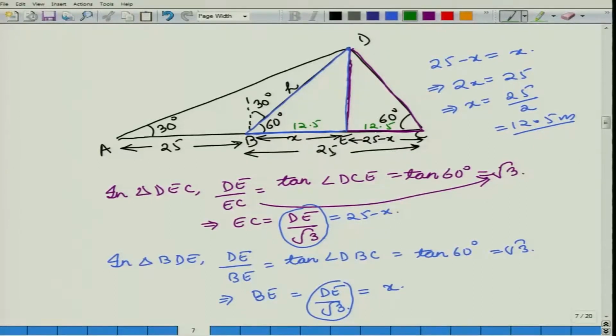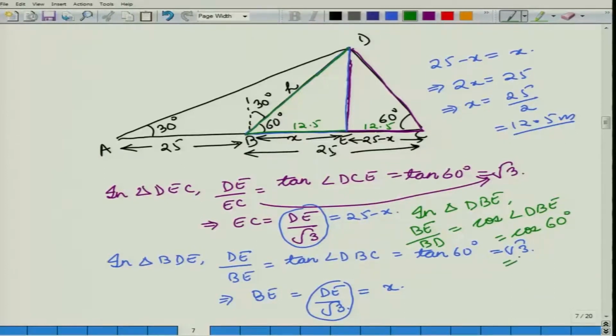Now, we are interested in knowing this side, that is DB. Now, in triangle DBE we have BE upon BD, which is equal to cos angle DBE, that is cos 60 degrees.